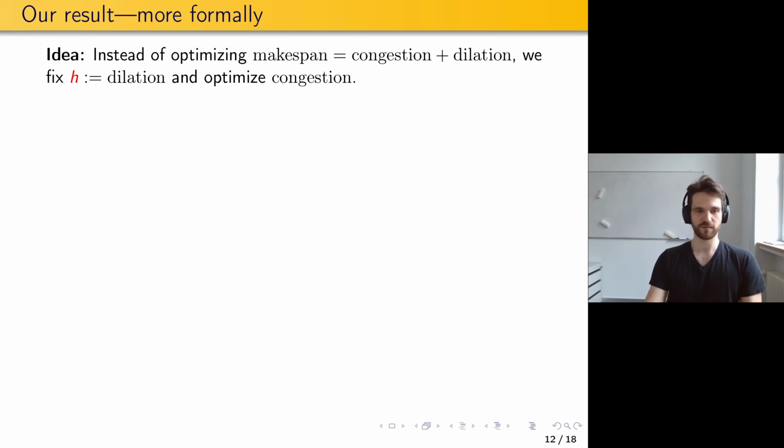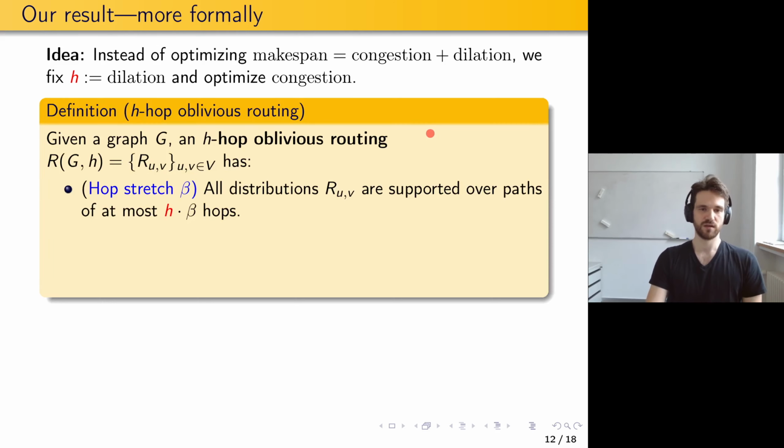What we actually do is fix H, the dilation, and then optimize the congestion with respect to this dilation H. The offline optimum is the best congestion that you can get when using paths of at most H hops. So now you want to be competitive with this H-hop congestion. Let's define our notion of H-hop oblivious routing.